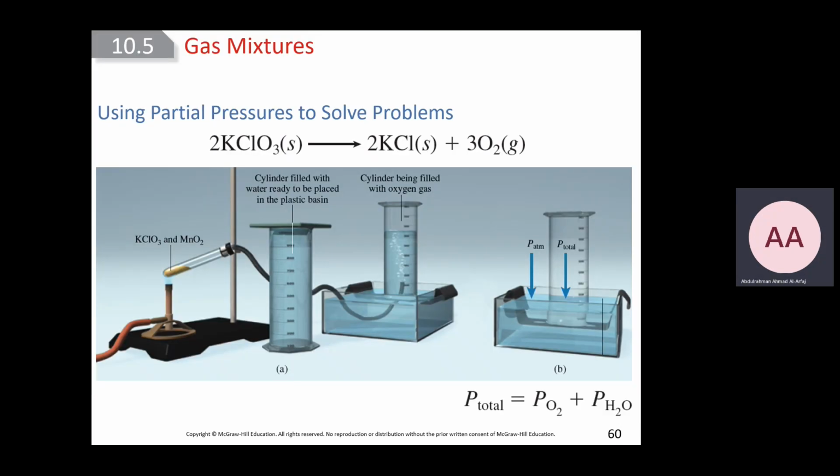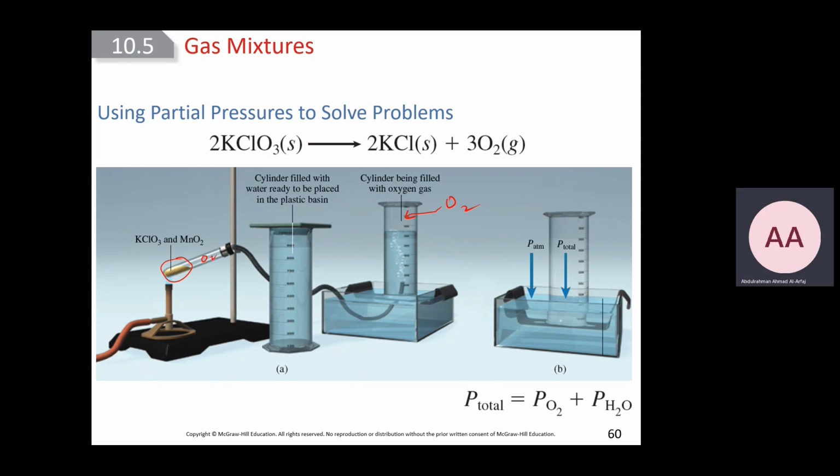Good. Next, when we collect gases over water, like in this experiment, we are making gas. We're heating this compound, and this will produce oxygen gas, O2 gas, and the O2 gas will come and will be collected here over water.